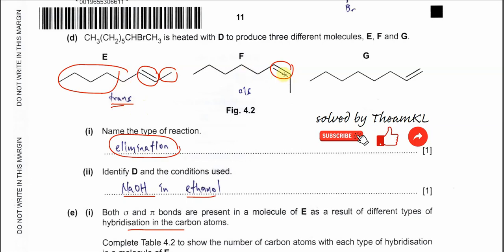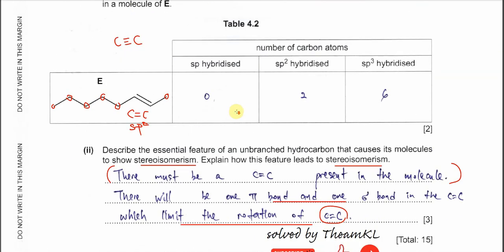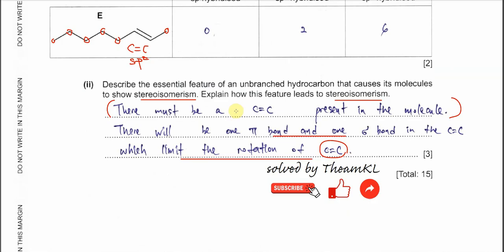And because of this, the double bond is fixed, cannot rotate, and these two groups are also fixed on the same side, so it's cis. That's the meaning, right? No free rotation because these double bonds lock the position. Okay, I hope you understand what I say, and that's all.